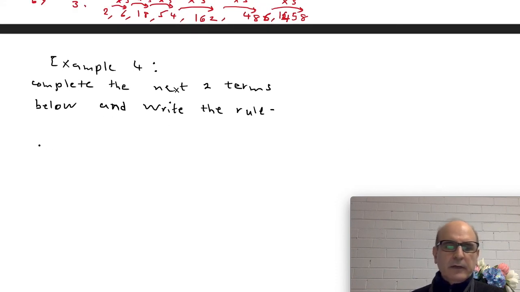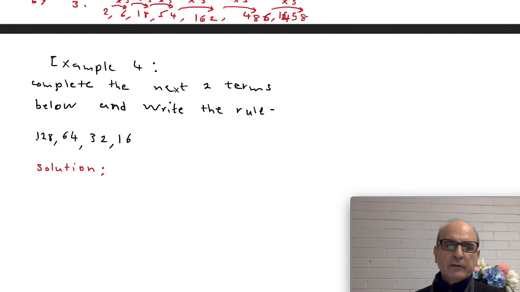Alright, so we have, say, 128, 64, 32, and 16. Okay, for this one, as you can see, every time it is divided by the number 2 or it is halved.